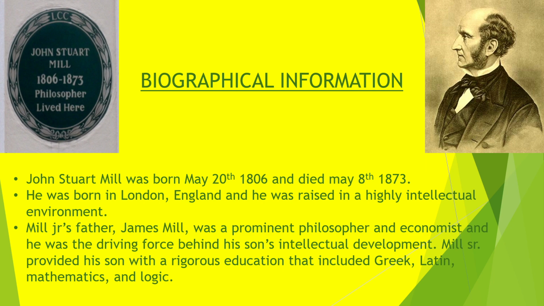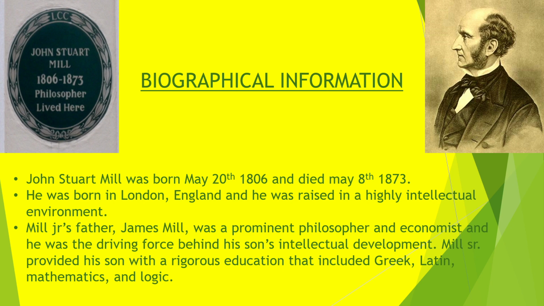Mill Jr.'s father, James Mill, Mill Sr., was a prominent philosopher and economist, and in his own right, he published some work of his own about different topics, and was really influential in the development of his son's intellectual abilities.